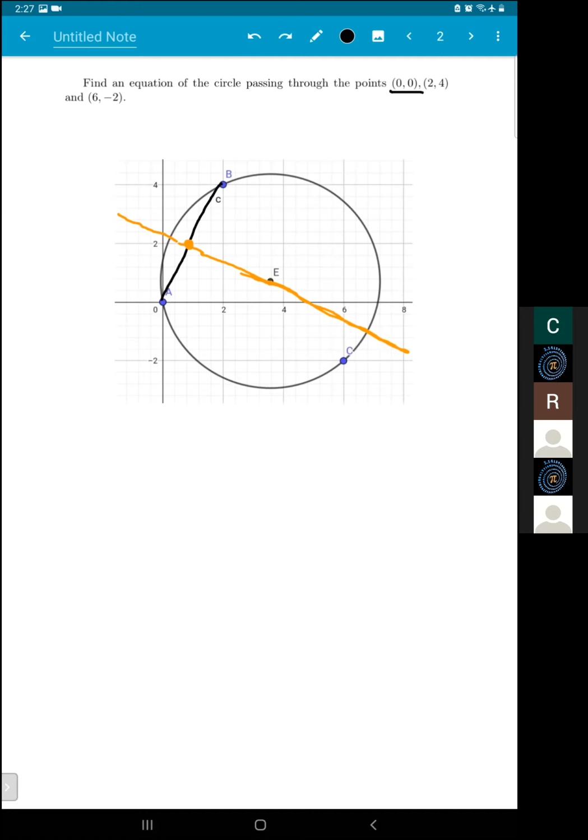Kanina, nag-set up ako ng system of 3 equations in 3 unknowns. Actually, makakapag-set up tayo ng 2 equations lang and in 2 unknowns. At may isa na tayo dito, magmumula sa equation ng line na yan. We need another one. Where will we get that?